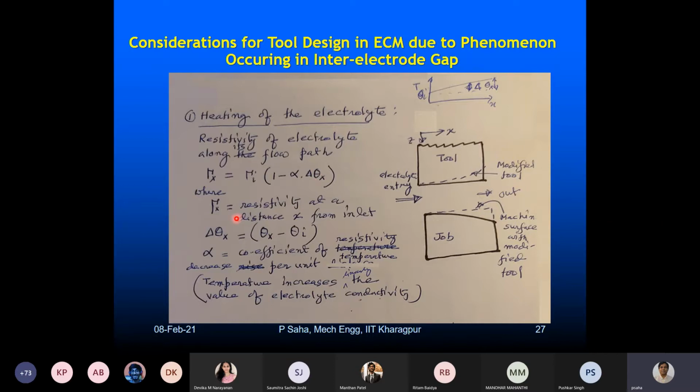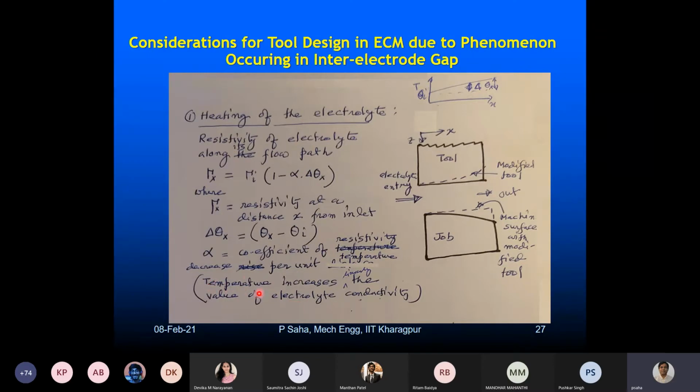Here gamma x is the resistivity at a distance x from the inlet, delta theta x is the difference between the temperature of the electrolyte at distance x and the inlet temperature, and alpha is the coefficient of resistivity decrease per unit rise in temperature.